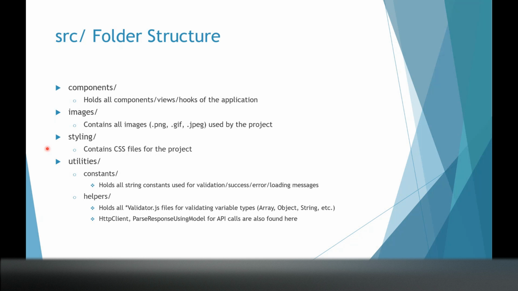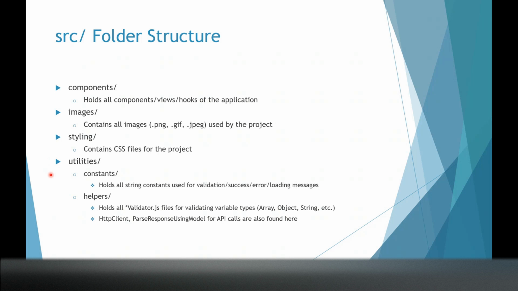So the images and styling, they're pretty straightforward. Images, for the most part, most of the images within our CMLS project have already been migrated over. But if you ever find something missing, you can add it there. The styling folder, so each component that we create has an associated CSS with it. So if you ever need to create new ones, you would just put it in this folder and reference it. The components folder contains all of our components, and I'll go over that in a sec.